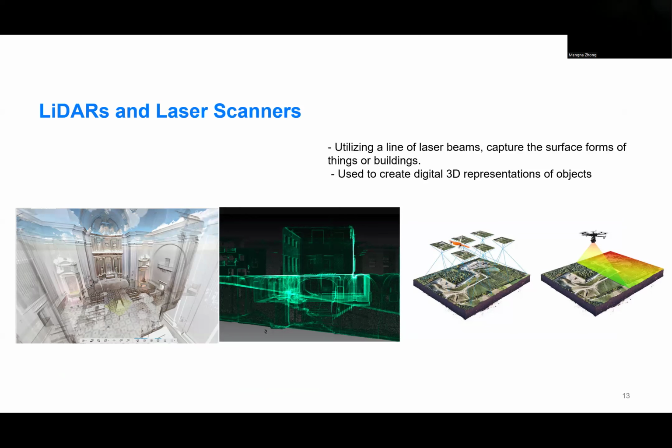LiDARs and laser scanners. By utilizing a line of laser beams, it is possible to capture the surface forms of objects or buildings. This technique is used to create digital 3D representations of objects.